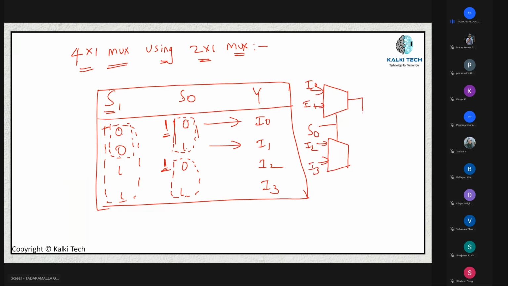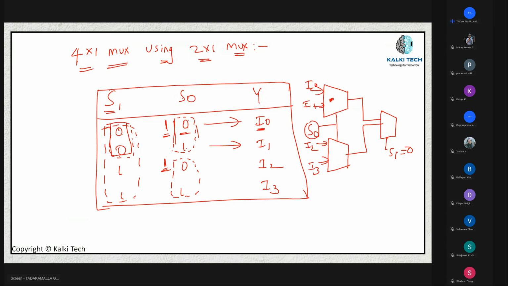Now these outputs are connected to another multiplexer. And what is the control line? We have S1. If S1 is equal to 0, this first pattern, then this particular multiplexer will be selected. And if S0 is equal to 0, then your I0 will be selected.